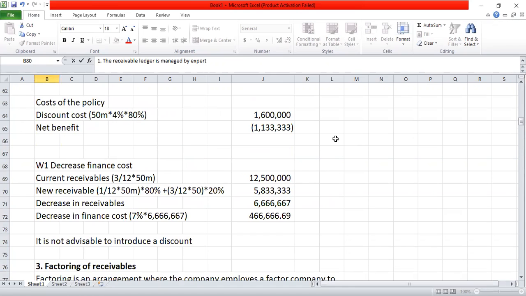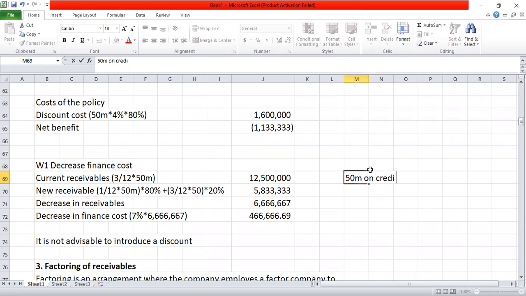Now, what we are looking at, Yosam, here is that if I sell 50 million on credit and the customers pay me every month, they take a month to pay. So what is going to remain unpaid at the end?